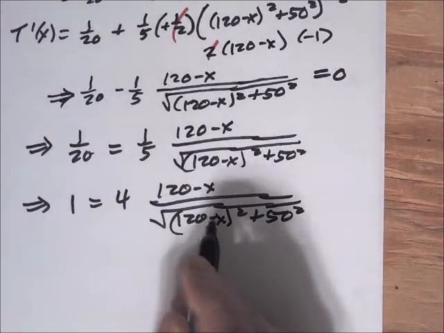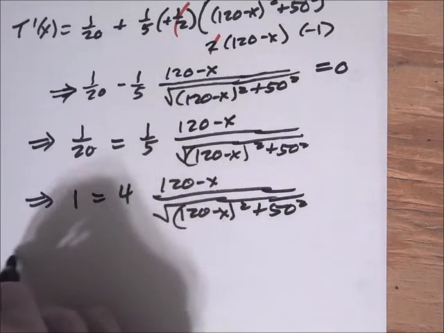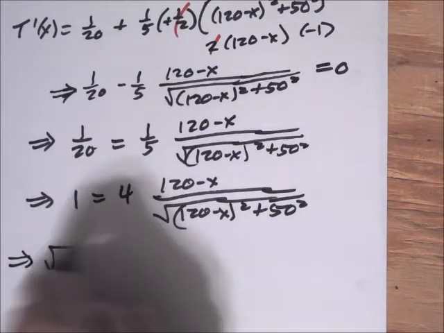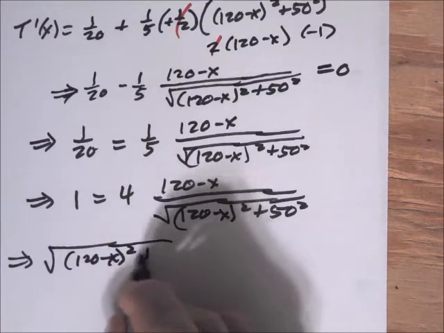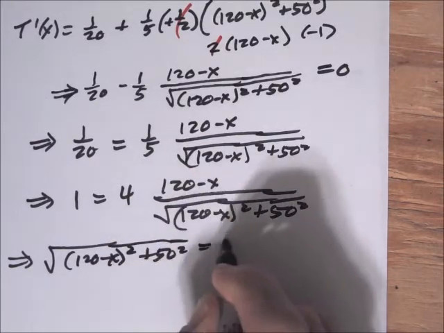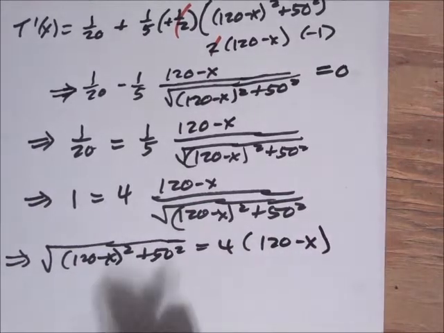And we can multiply by the denominator to get rid of fractions here. We'll have square root of 120 minus x quantity squared plus 50 squared equals 4 times the quantity 120 minus x. And now we can square both sides.